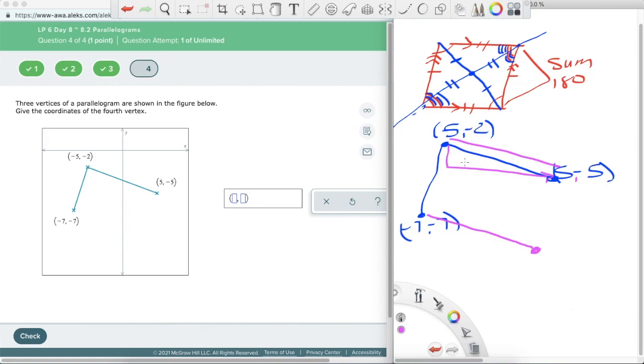So I just had to go from 2 to 5. And then 5 to 5, if I'm going from -5 to 5, that means that I'm going +10. So I'm not going -10, I'm going +10 because I'm going to the right. So I actually want to do the same thing going like this, because I want it to be the same exact slope.